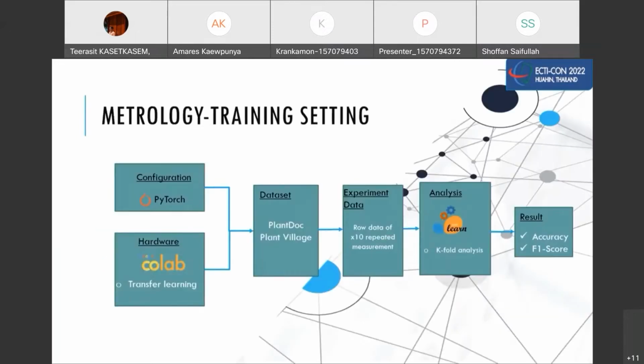Next is the methodology on the experiment setup. In this experiment, all training settings and configurations are applied in the Python-based PyTorch library, while the hardware platform is Google Colab. We also use scikit-learn to numerically analyze our evaluation.